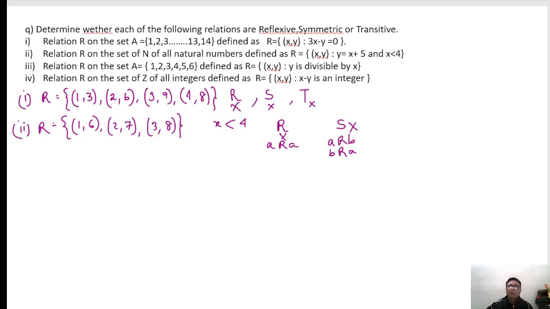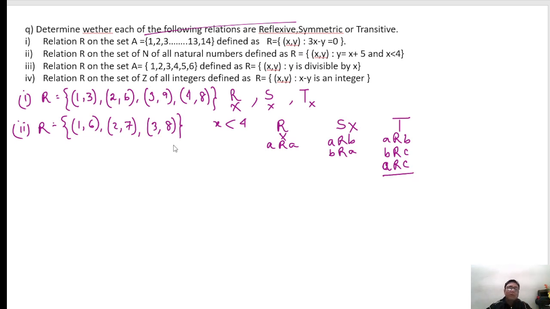So in the next part, as you can see here, what was I telling? Yes. So here in the next part, it's not symmetric. Now let's come to the transitive part. In the transitive part, it should be A R B, B R C, so A R C should hold.